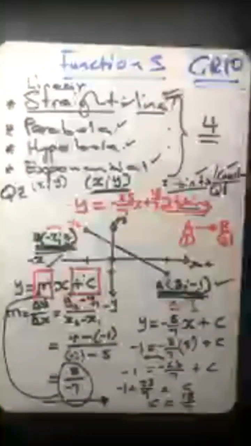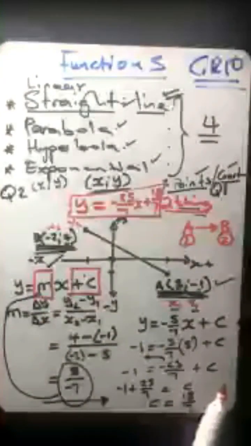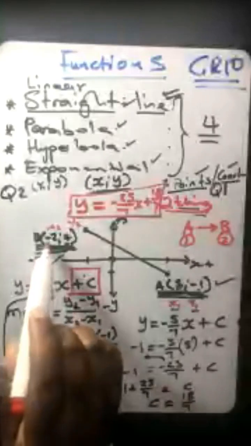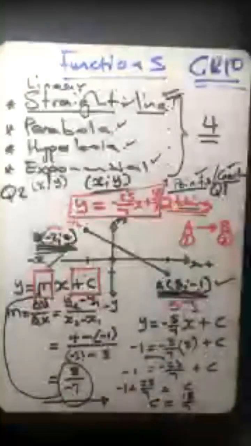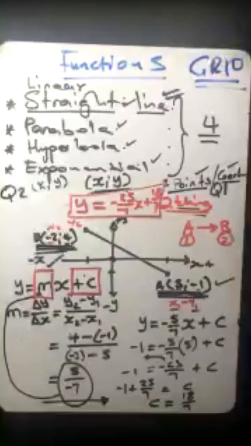It's 18 over 7. So that's how you determine an equation of a straight line where you are given 2 points. Remember, guys, I'm going to provide limited information so that you don't get confused. I'm just trying to avoid you consuming a lot of information at once. So I'm just going to explain all that you need to be aware of.